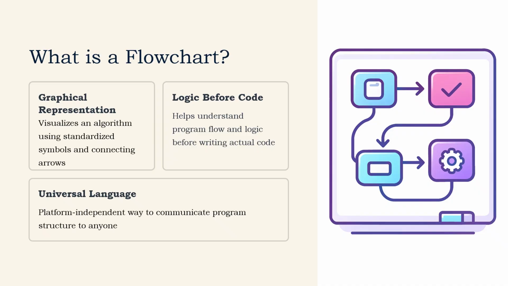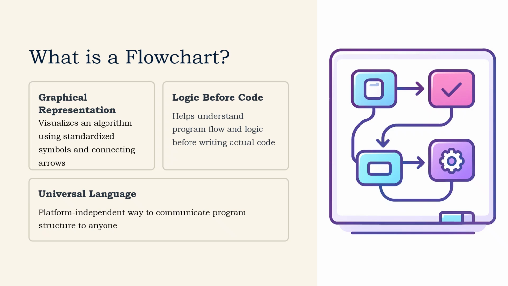Now, let us look into the next concept, flowcharts. A flowchart is a graphical representation of an algorithm. Instead of writing steps in text form, a flowchart uses symbols and arrows to represent the sequence of operations. This makes it easier to visualize the flow of the program. Flowcharts help programmers in several ways.